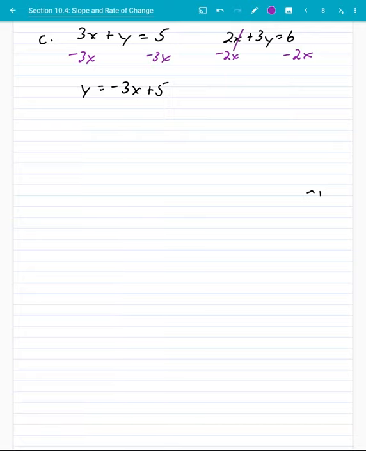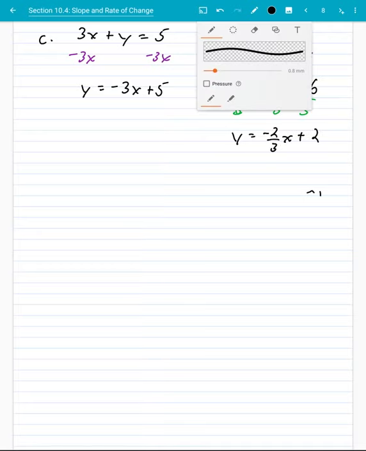Once we subtract 2x on both sides, that gives us 3y equals negative 2x plus 6. Then you have to divide by 3 on everything. That gives us y equals negative 2 over 3x plus 2.